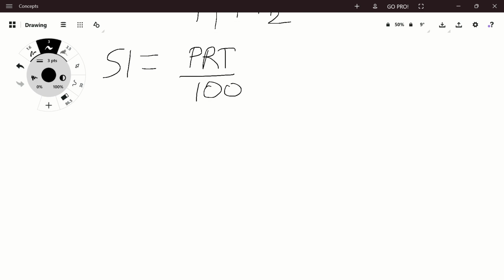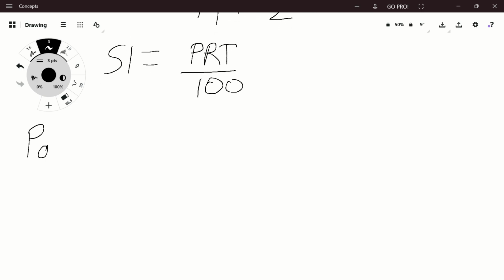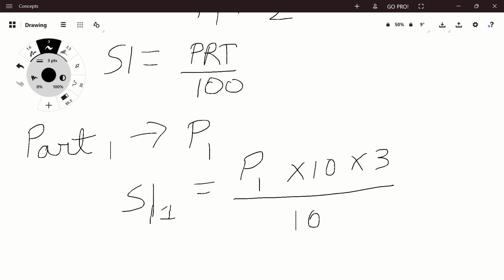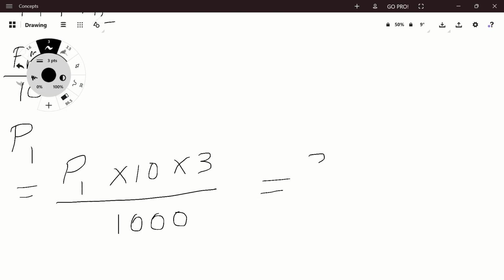So, for part 1, that is P1, SI1 will be equal to P1 into 10 into 3 upon 100, which is equal to 30 P1 upon 100, that is 3P1 upon 10.